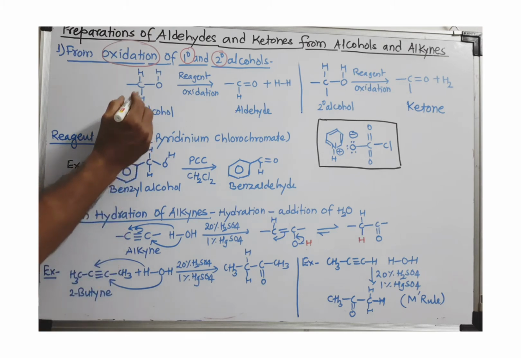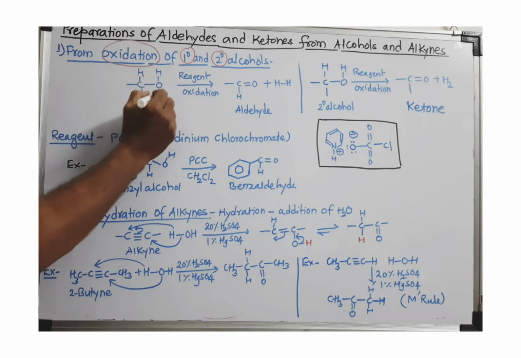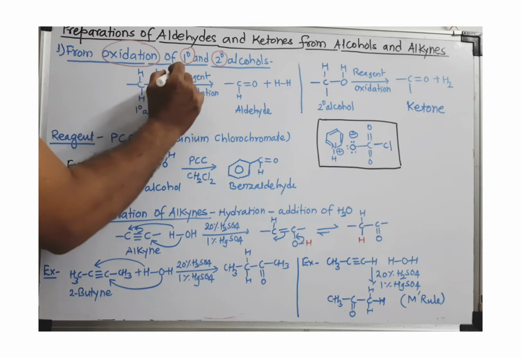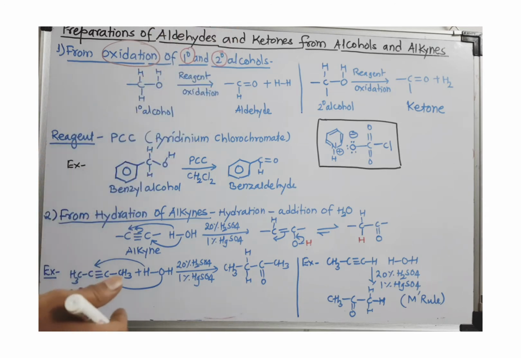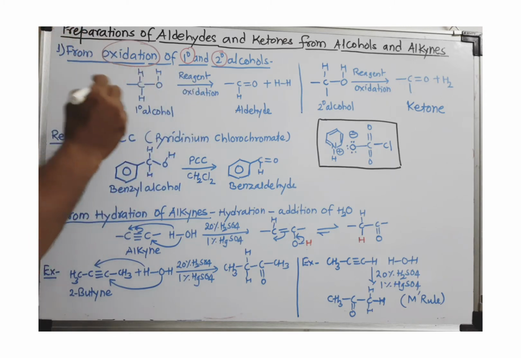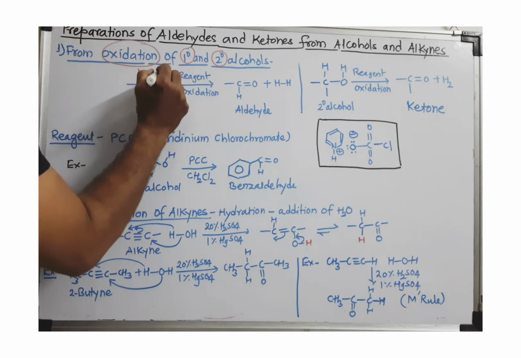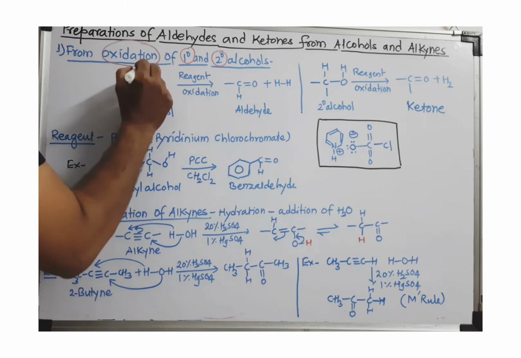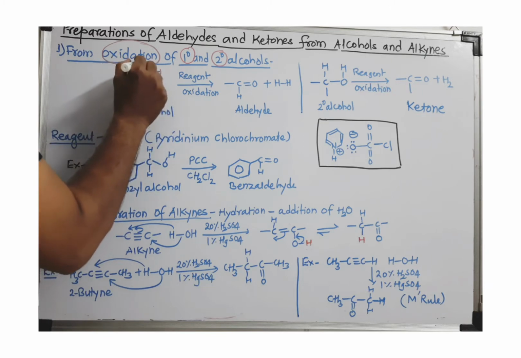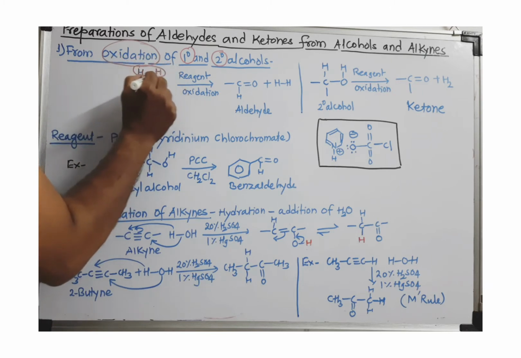Here you can see this is a primary alcohol. If a CH2OH group is present in any alcohol, that alcohol is a primary alcohol. We have to use a reagent; a number of reagents are available for oxidation. Remember, you have to remove the hydrogen attached to the oxygen and the hydrogen attached to the carbon where oxygen is attached, and put a double bond there.